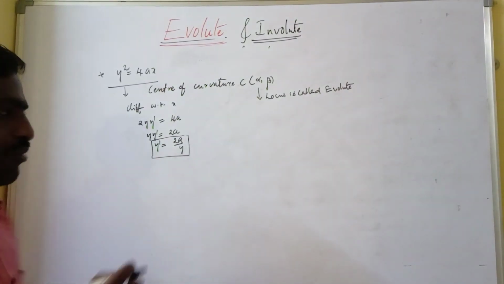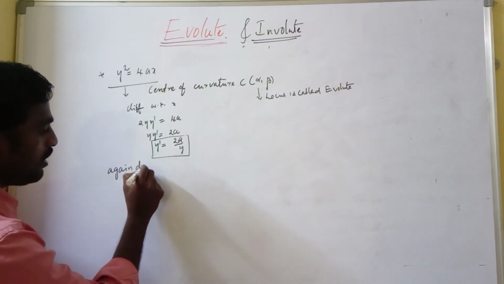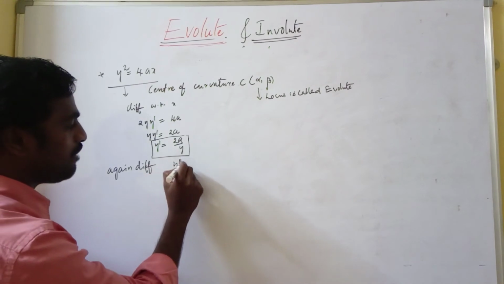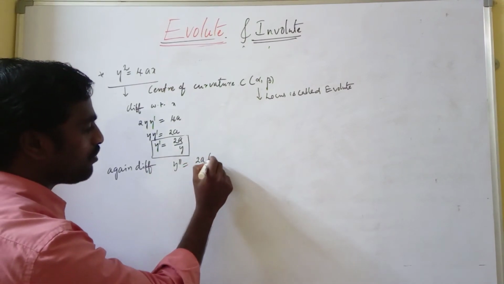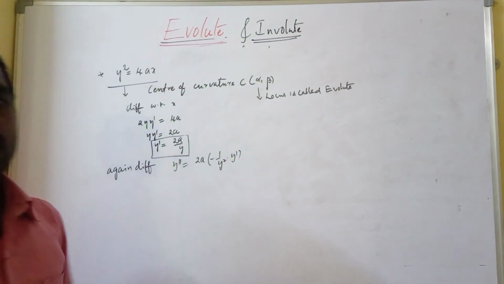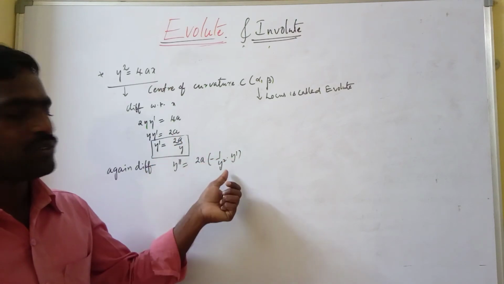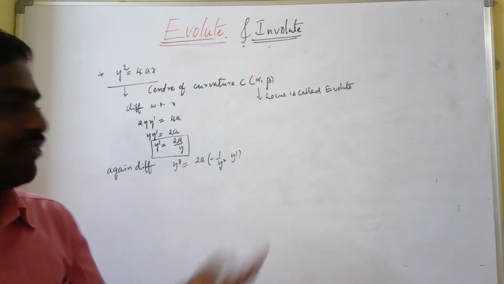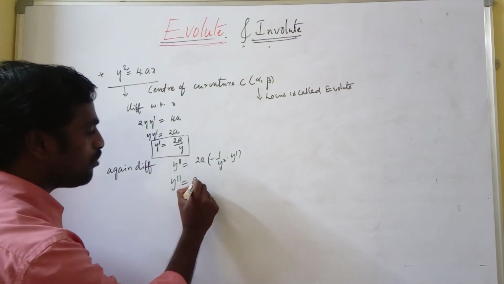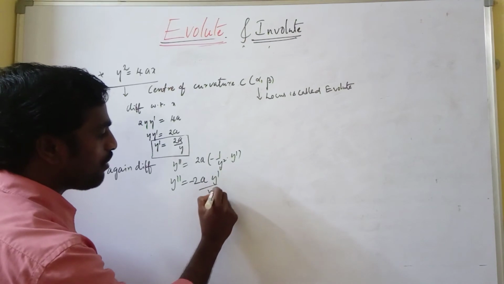Again differentiate this term. So we get y second order derivative equal to 2a, a constant, times the derivative of 1 by y, which is minus 1 by y square into y dash, just as the derivative of 1 by x is minus 1 by x square. So y double dash equals minus 2a into y dash by y power 2.